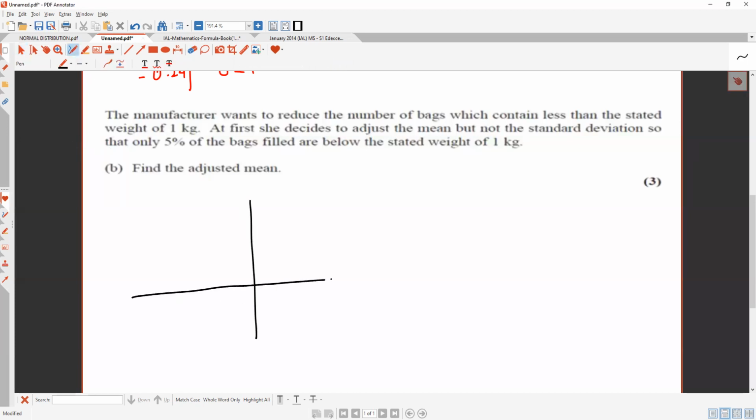So if I draw the diagram, clear? They said it should be only 0.05 for less than 1 kg. So your 1 kg should be over here, but your mu has been adjusted now. Mu, I don't know what it is. Now this is 0.05.